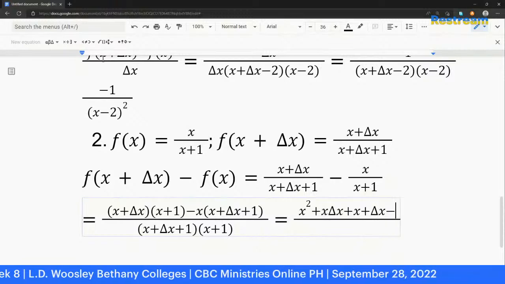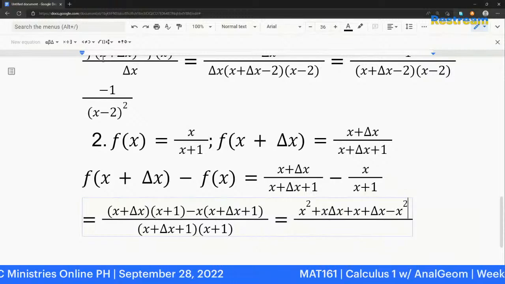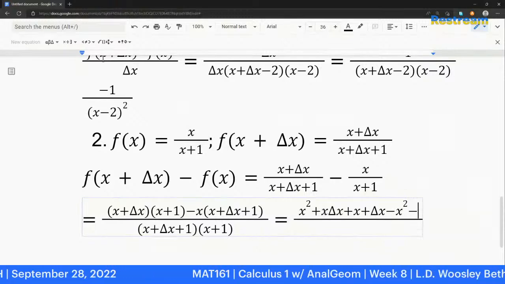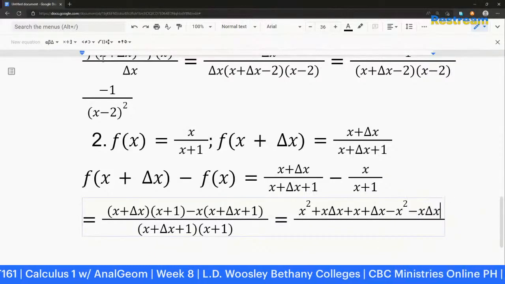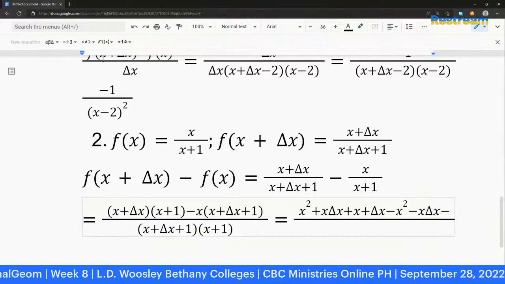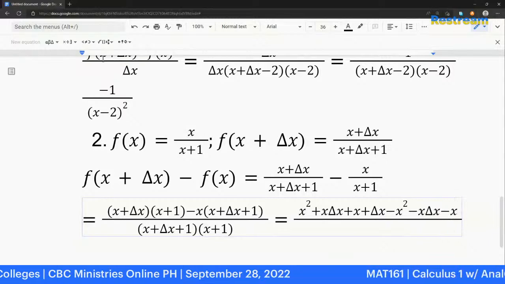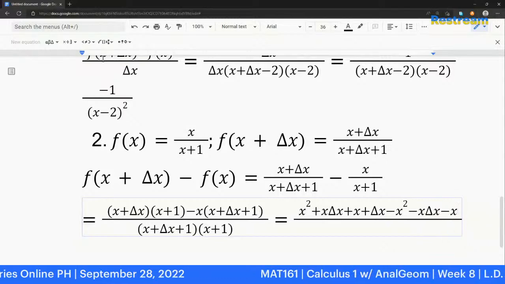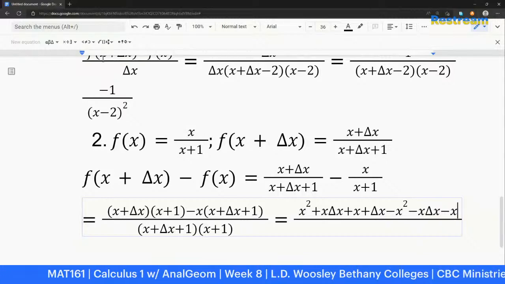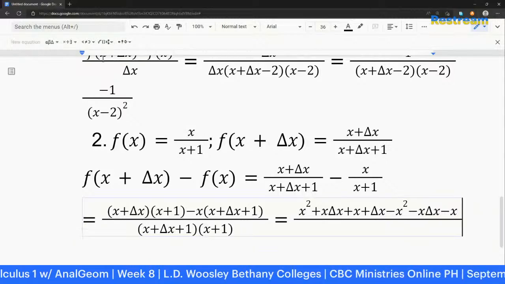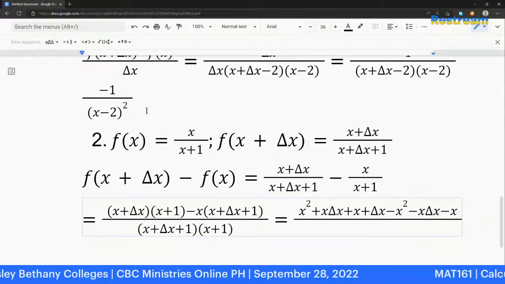Okay, so minus x squared, all right, minus x delta x, okay, minus x. Okay? So, may nakalimutan ba? x squared minus x, x delta x minus x. And then, sige, I will represent this as your denominator na lang for the meantime. So, pwede ko siyang i-copy.